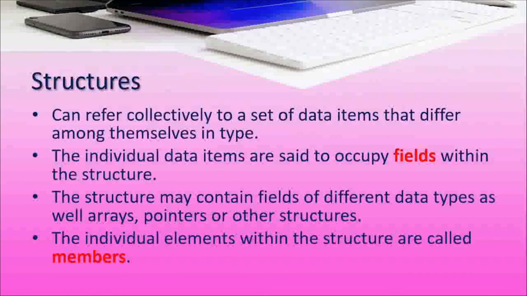So these three things together can be a structure. And in the case of defining or declaring a particular structure as a student record, the date of birth can be this particular structure. So a structure can be a member or a field within another structure. The individual elements within the structure are called members.